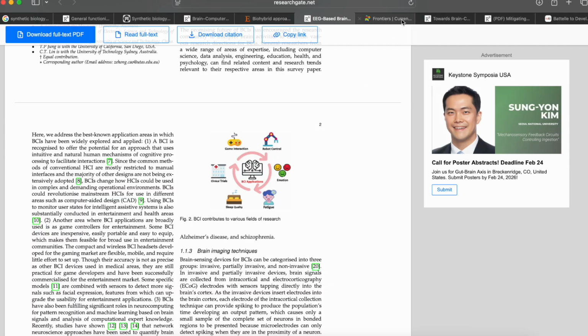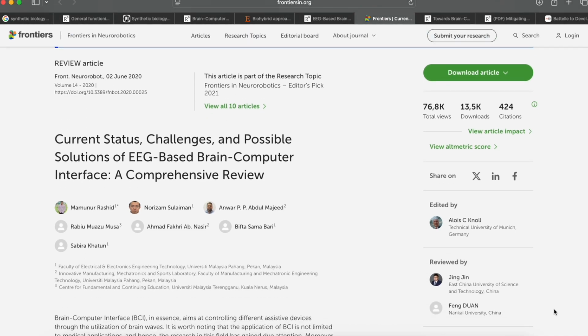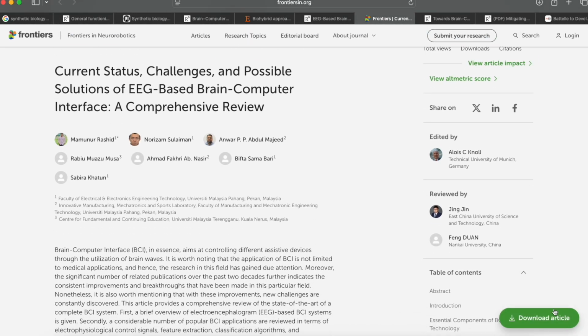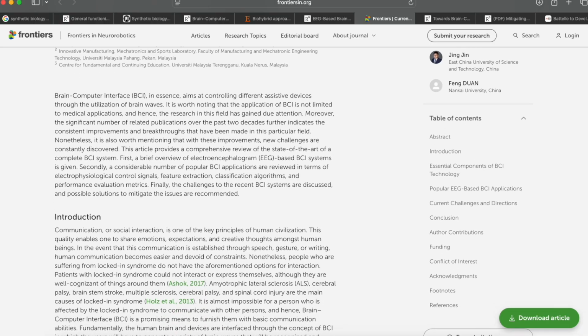Now let's hop on over here to the Frontiers Journal. Current status, challenges, and possible solutions of EEG-based brain-computer interface, a comprehensive review. Brain-computer interface, BCI, in essence, aims at controlling different assistive devices through the utilization of brainwaves.